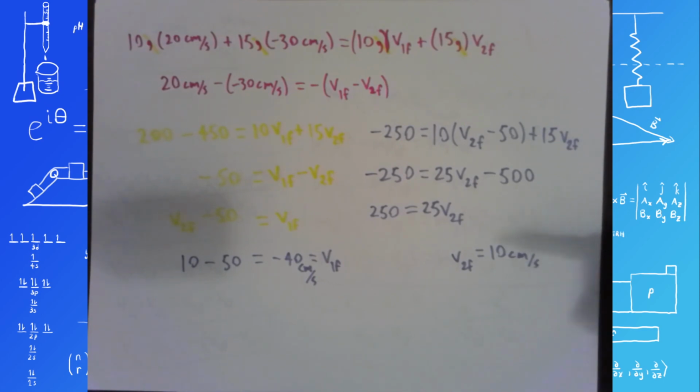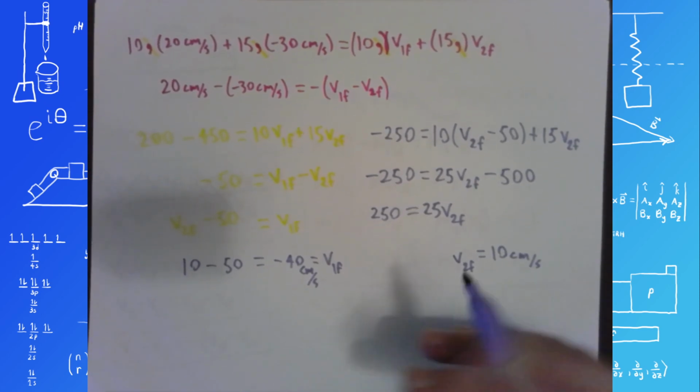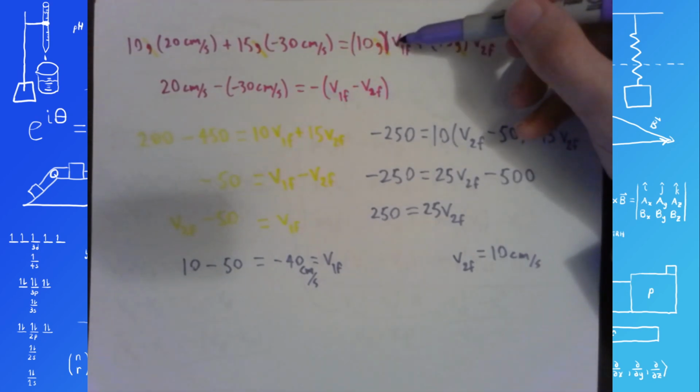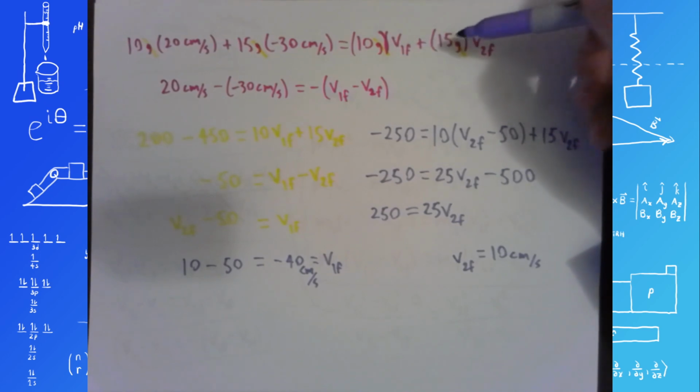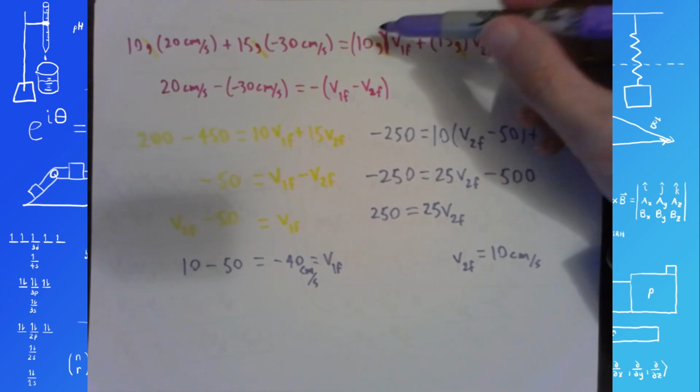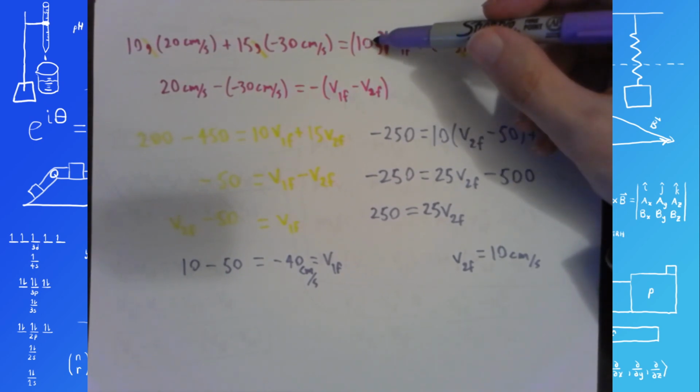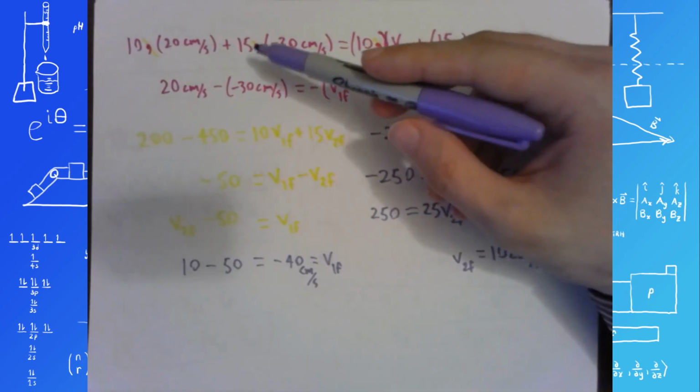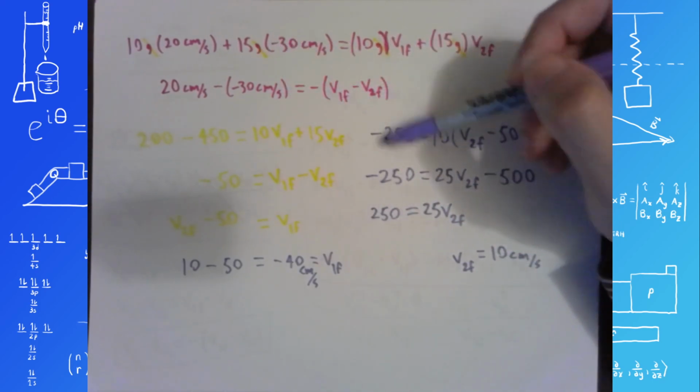And if we go back and plug the numbers into this equation, 10 times negative 40 is negative 400 plus 15 times 10, 150, gives negative 250. That is indeed the negative 250 that I got before.